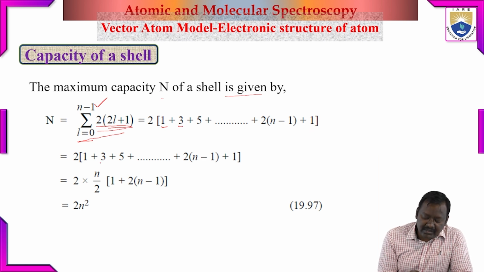For the summation of these odd numbers, we can use the formula n by 2 into 1 plus 2n minus 1, times 2.